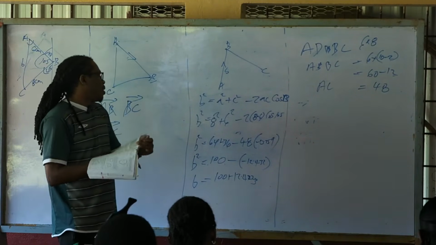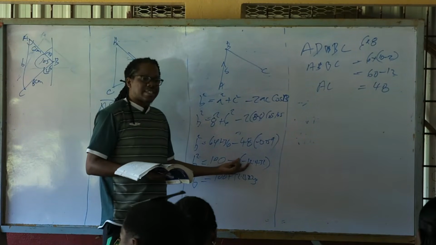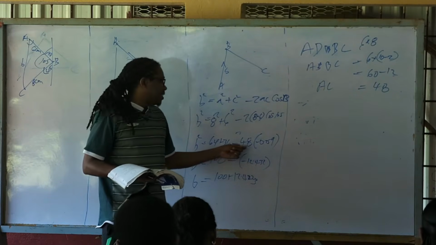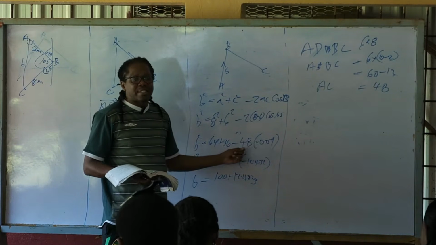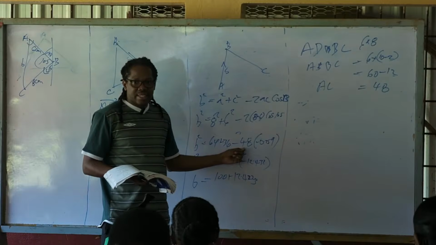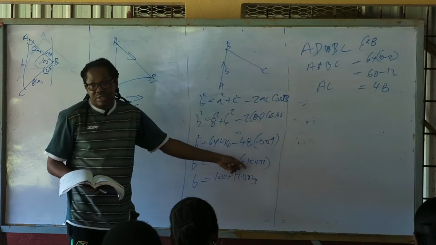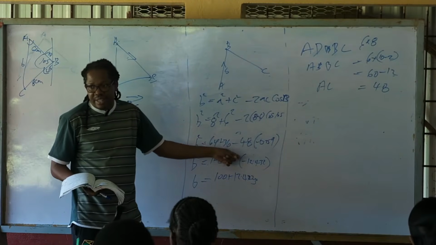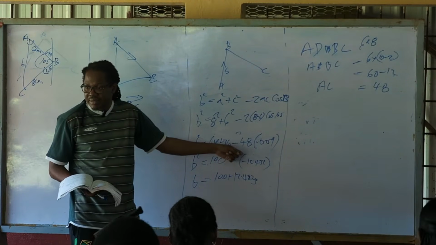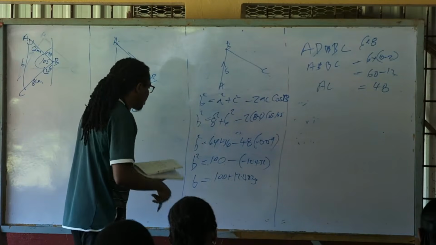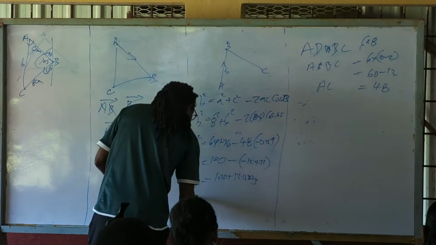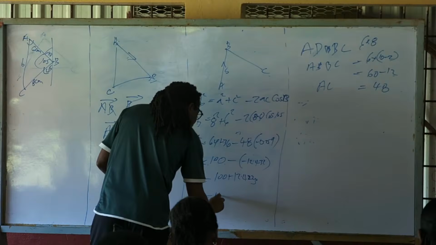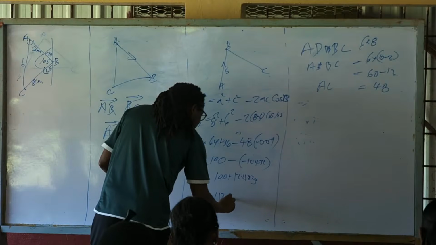Now, I'm just showing you this so you understand. Because negative times a negative, I give a positive. You understand? See that? Minus minus, I give a plus. Are you seeing that? Or you should write it from this, because two negatives give a positive. So B squared equals 112.4.